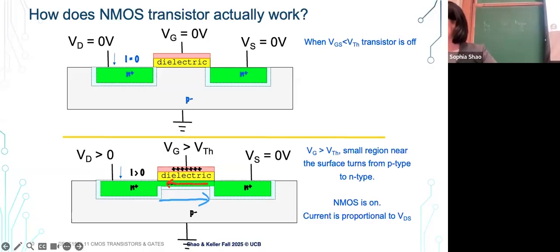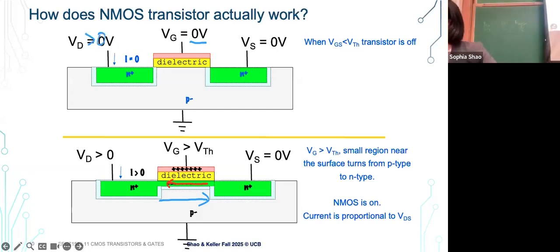So is the body considered like an insulator? I'm thinking, if VG was 0, VD was greater than VS, what if VG is 0 but VD is greater than 0 here?